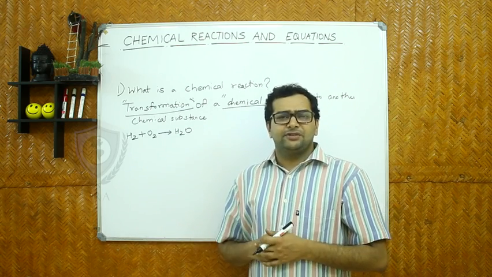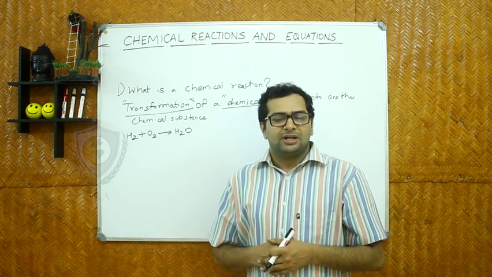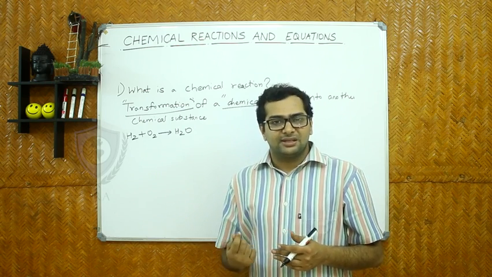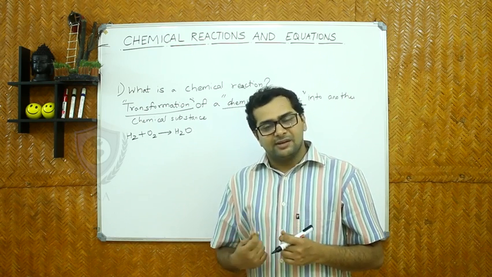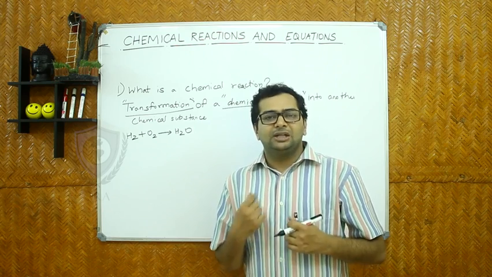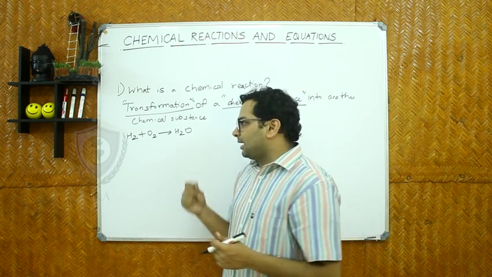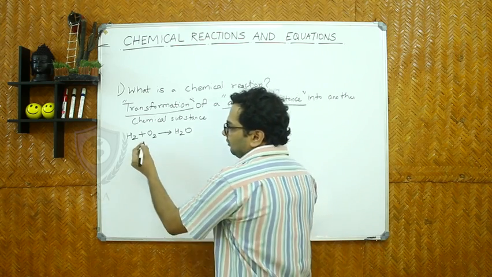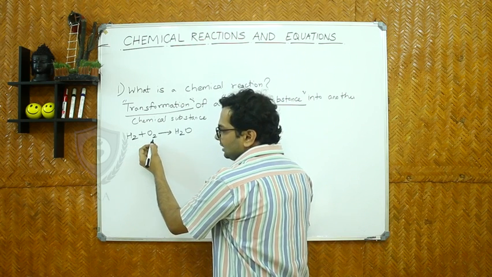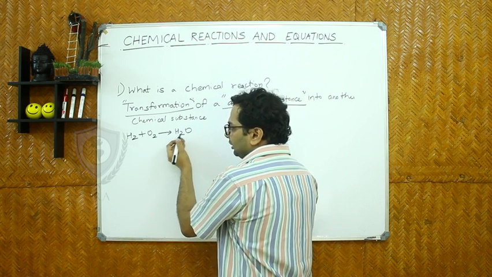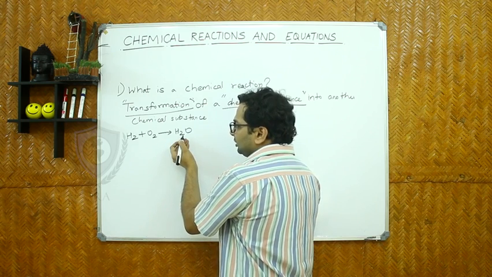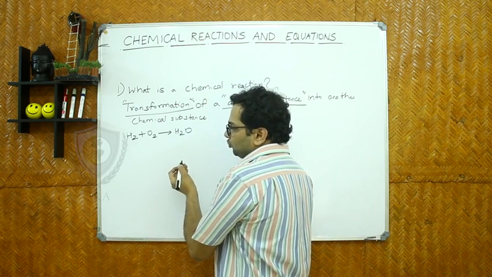So the second key term which we used is called transformation. Transformation is change of a chemical substance, which can be either an element or a compound, into another element or compound. So for example, we have hydrogen and oxygen elements which when combined together give another compound which is water, H2O, right?